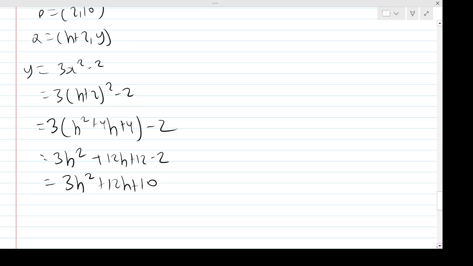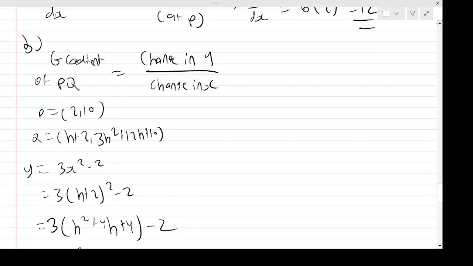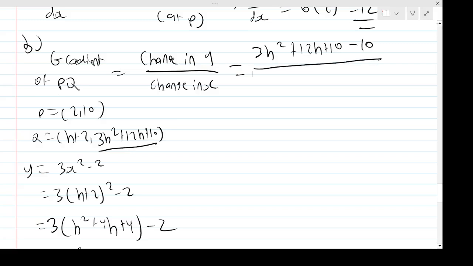So I've got my y coordinate then, which is this expression, 3h squared add 12h plus 10. That's my y coordinate now. Now I'm in a position where I can do my gradient, my change in y, change in x between P and Q. Okay, so the change in y coordinates, where Q is 3h squared add 12h plus 10, take away the y at P, which is take away 10, all over change in x.